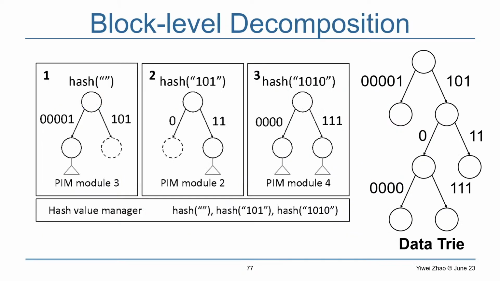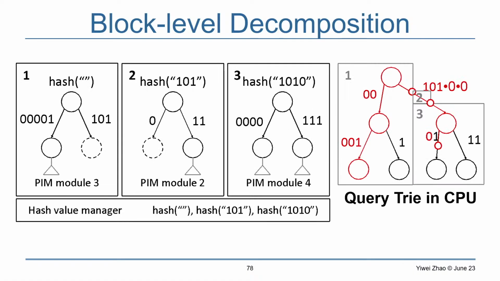So here's the example. We have a data trie, that's the data, and we decompose it into 3 parts. The first cut gives the first part, the second cut is here, so this is the second one, and the lower part is the third one.